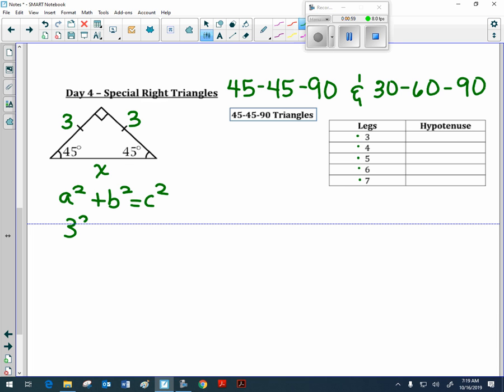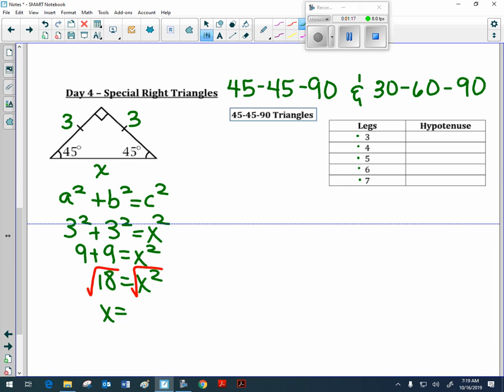So we have 3 squared plus 3 squared equals x squared. So that's 9 plus 9 equals x squared. 18 equals x squared. And then we know that we put the square root in there to get the x alone. So we essentially end up with x equals plus or minus the square root of 18.